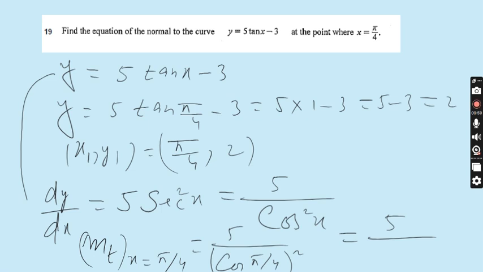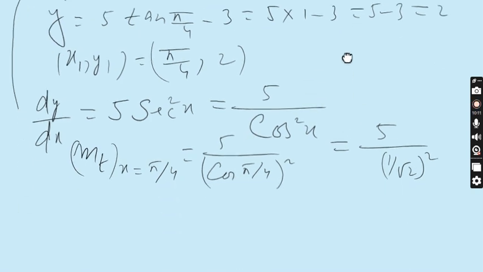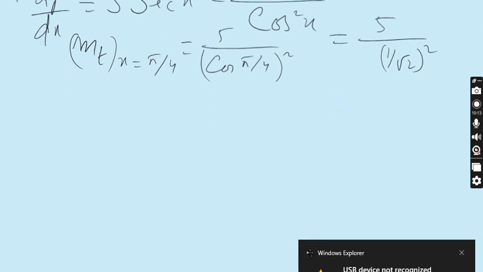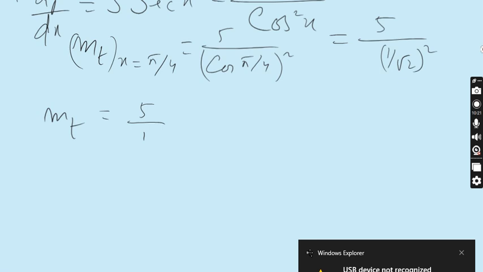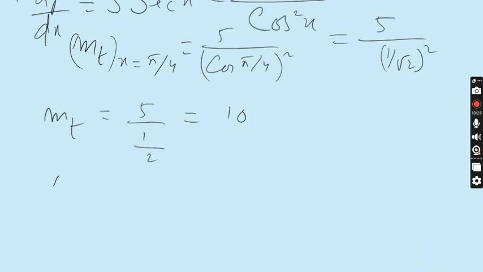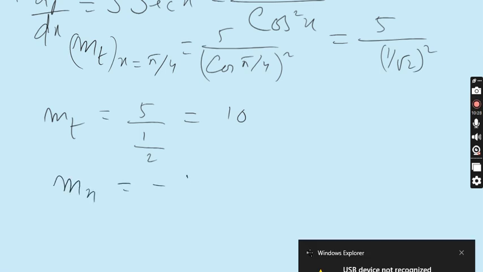Cos pi by 4 you can find with the help of your scientific calculator, it is 1 over root 2, squared. So the gradient of tangent is 5 upon 1 square is 1 and root 2 square is 2. So 5 times 2 is 10. Hence the gradient of normal is minus 1 upon 10, because the gradient of normal is the negative reciprocal of the gradient of tangent.